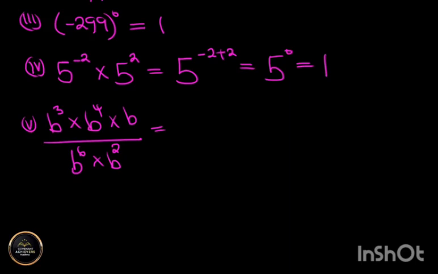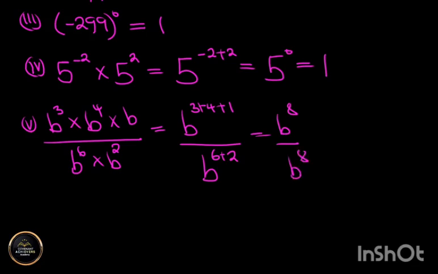Yeah, this is going to be b raised to the power 3 plus 4 plus 1 divided by b raised to the power 6 plus 2. So this is going to be b raised to the power 8 divided by b raised to the power 8, and it's going to be b raised to the power 8 minus 8, and that is b raised to the power 0, and finally the answer is 1, also, as you can see there.